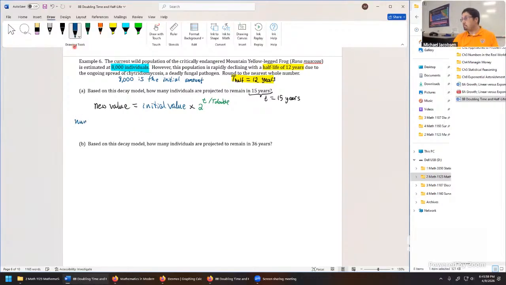So let's say down here, the number, let me keep the formatting the same with the color coding. For the new value, let me put in the number of frogs.